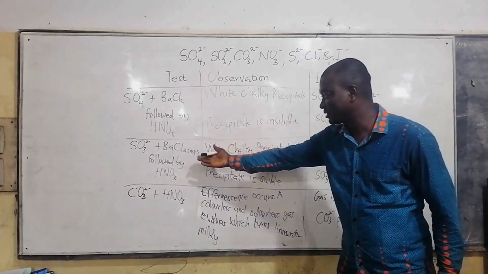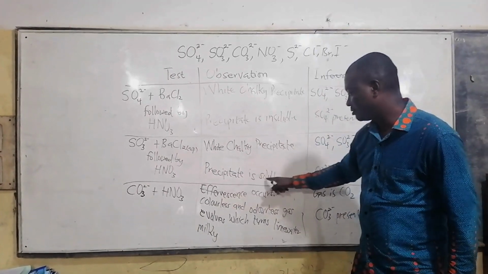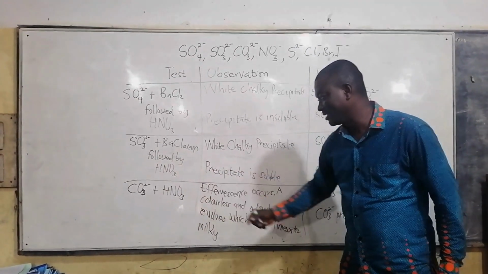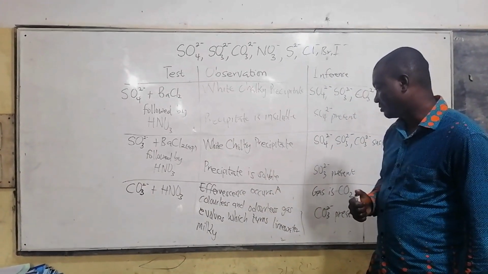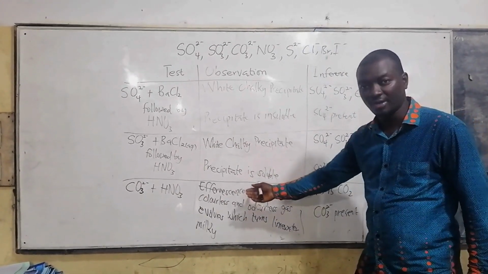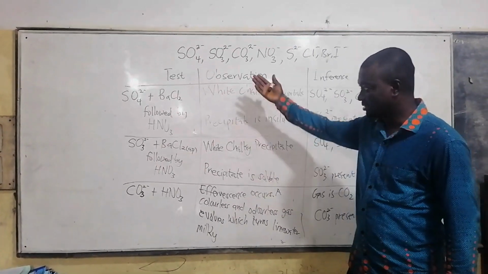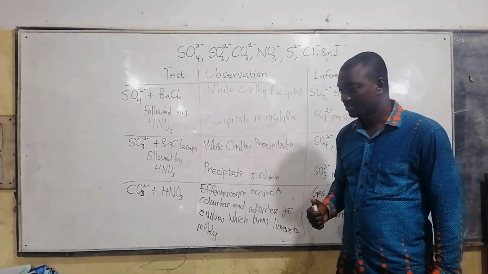When we come to the trioxocarbonates, we add the HNO3, then observe an effervescence reaction with the evolution of a colorless odorless gas, which turns lime water milky. So this is how we test these three anions.